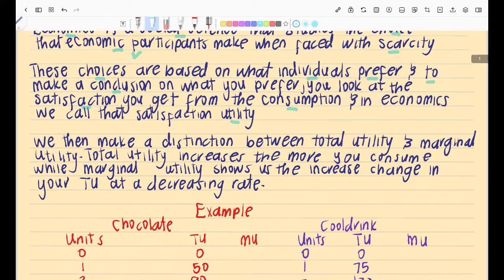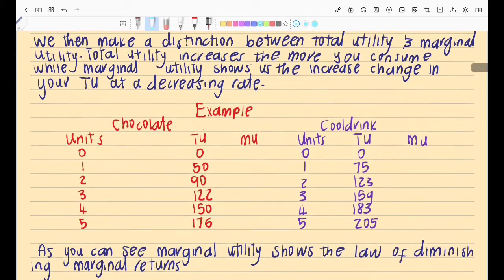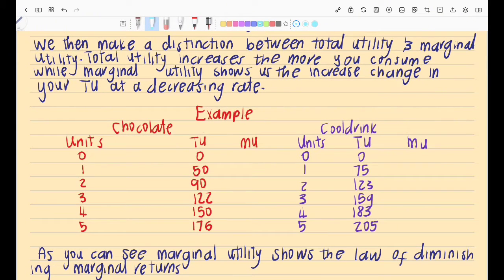All right. Now that we are talking about utility, let's make a distinction between what total utility is and what marginal utility is. Total utility is the total satisfaction that you get when you move from one consumption to another, so it increases the more you consume.